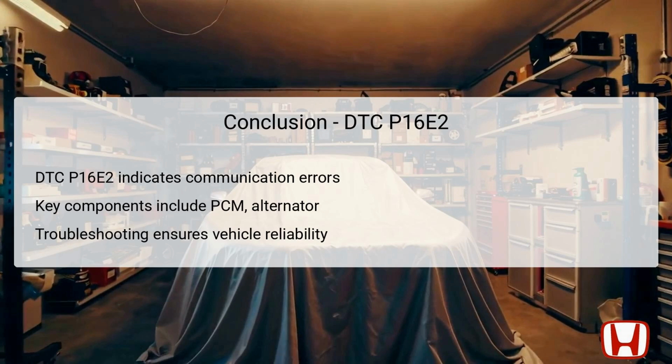This guide provides a detailed pathway for diagnosing and resolving the error through a systematic approach. Troubleshooting ensures that each element is evaluated for functionality and proper connectivity. Implementing preventive maintenance will protect against future issues. Ultimately, addressing this DTC expedites the return of reliable performance to the Honda CR-V, ensuring a dependable driving experience.